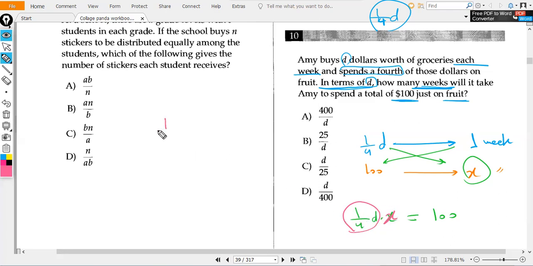You know that 1/4 multiplied by D is the same as D/4. So when the coefficient is a fraction, we can cancel it and multiply the other side by its reciprocal. So 4/D. x equals 100 times 4, which is 400/D. Choice A.